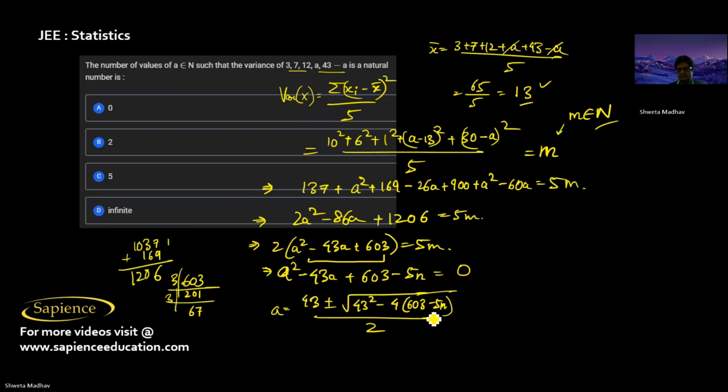Now the thing is, therefore, 43 square minus 4 into 603 minus 5n, that should be a perfect square.